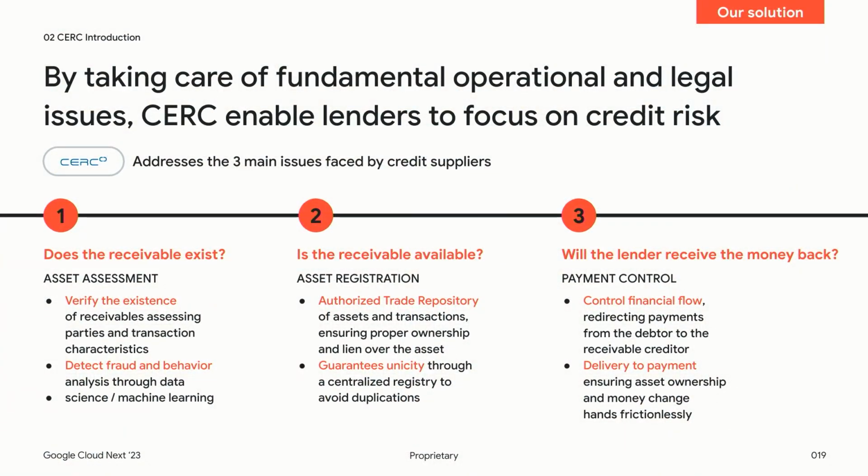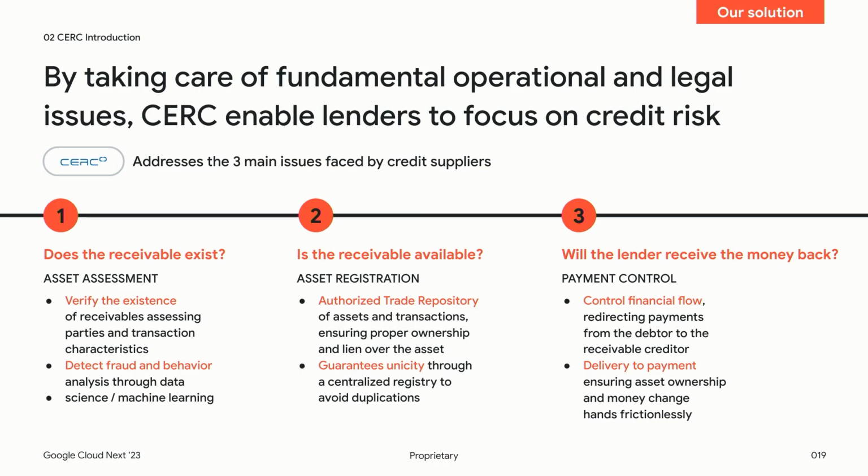How are we addressing this problem? We are split into three pillars. The first one: we check if the receivable exists. We have an engine, which we call internally asset assessment, and we provide a lot of information related to receivable behavior, and we verify the existence of the receivable. The second pillar is related to whether the receivable is available. We have an internal database that controls every situation about the receivables, and we provide this information to the banks.